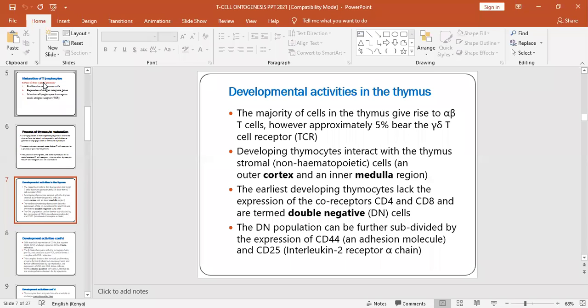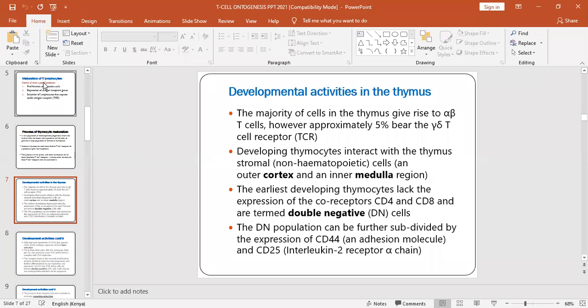Now, the development of thymocytes involves interaction with the thymus stromal cells. These cells are non-hematopoietic; they are not blood cells, but tissue cells. We call them the cortex and the medulla cells, and these are the two critical areas required for the development of these T cells while in the thymus gland.